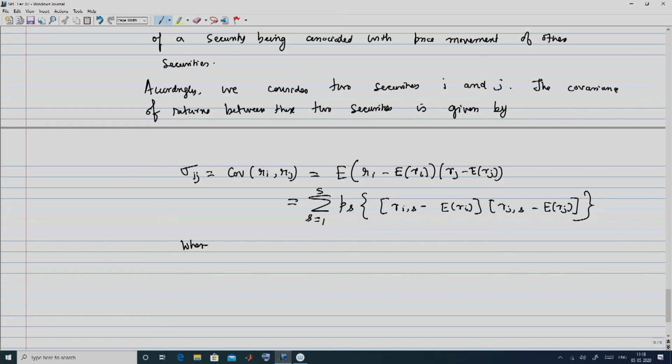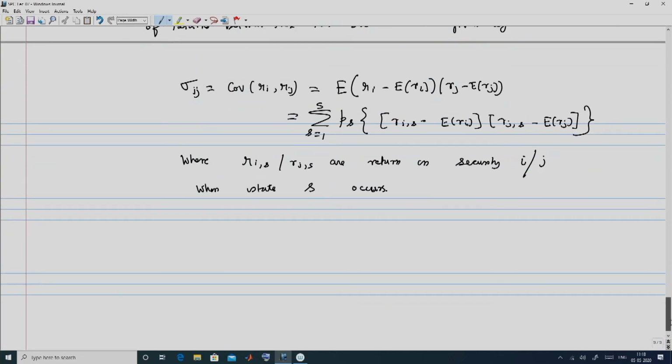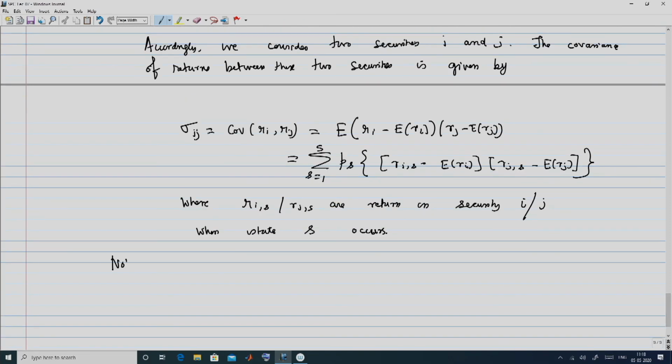where R I s and R j s are returns on security I and j respectively when state S occurs. Okay, so just a couple of observations that follow.